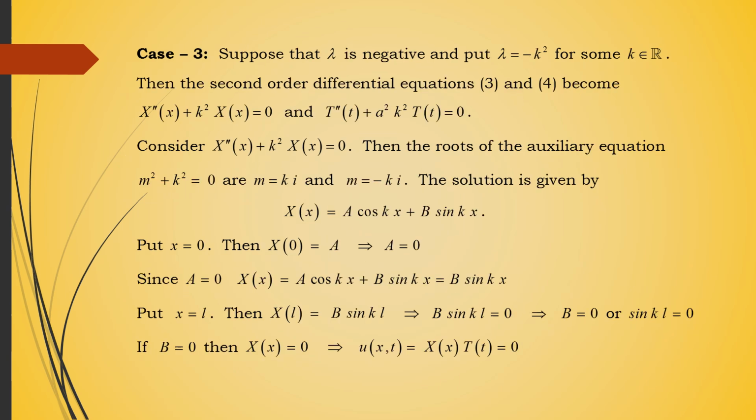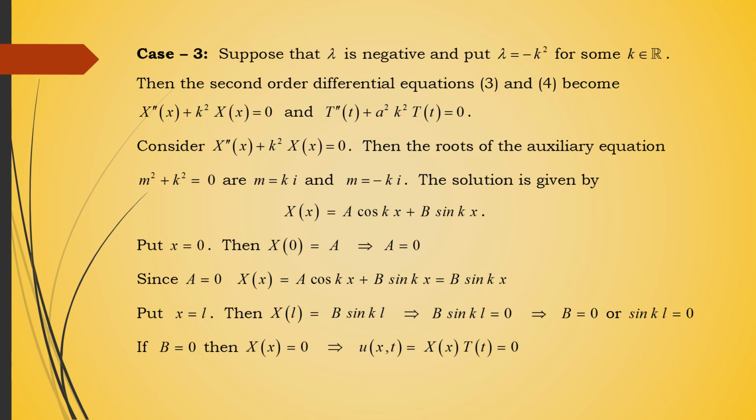Let's see what is the solution in case 3. In case 3, we suppose that lambda is a negative number. So we take lambda equals minus k square for some real number k.